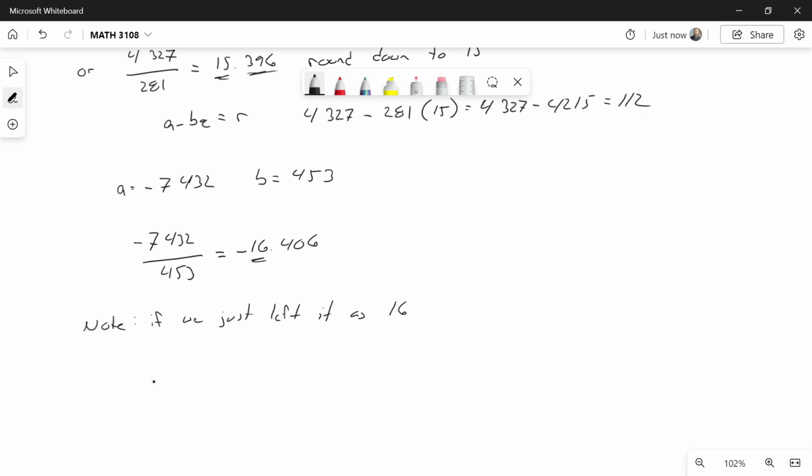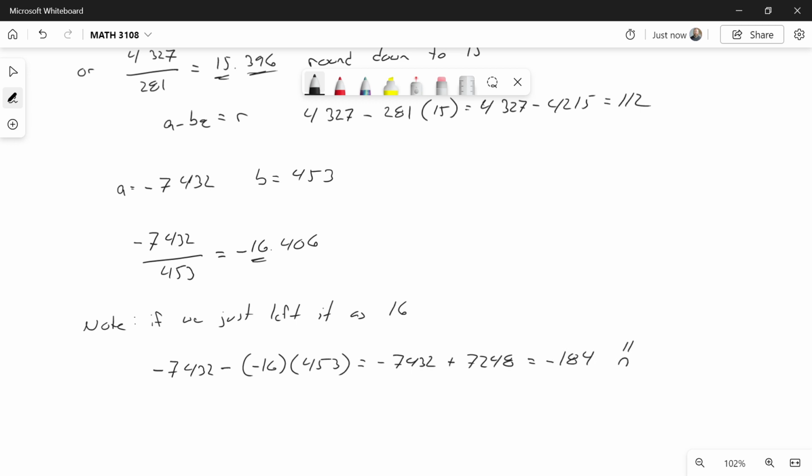Again, we have this negative 7,432 minus a minus 16 times 453. So that's going to give us negative 7,432 plus 7,248. Now notice that the first term is bigger negatively than the second term. So the problem with this is now I'm going to end up with a negative 184.